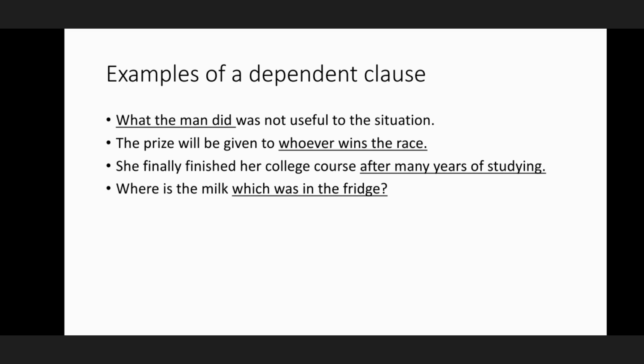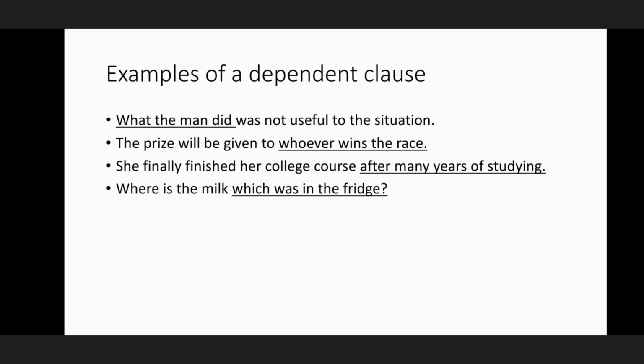Now sentence 3. She finally finished her college course after many years of studying. In sentence number 3, after many years of studying is a subordinate or a dependent clause that is joined to another main clause or an independent clause. Let's see.